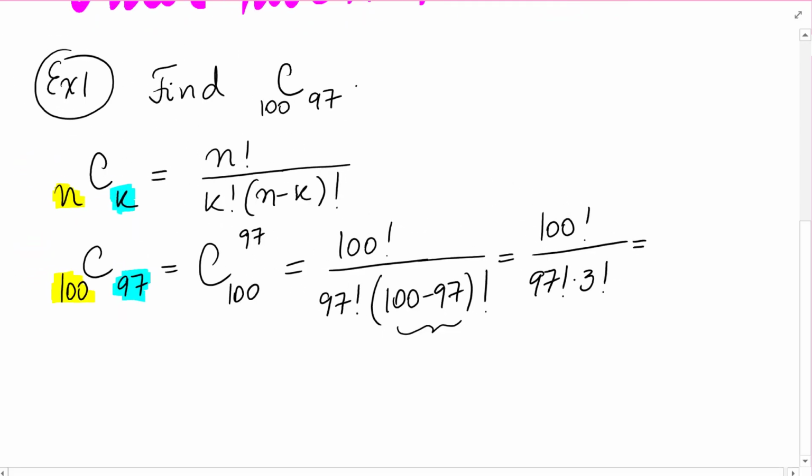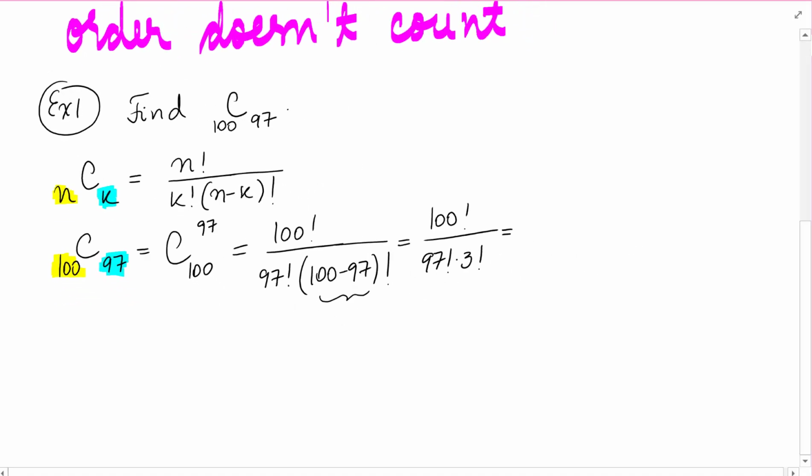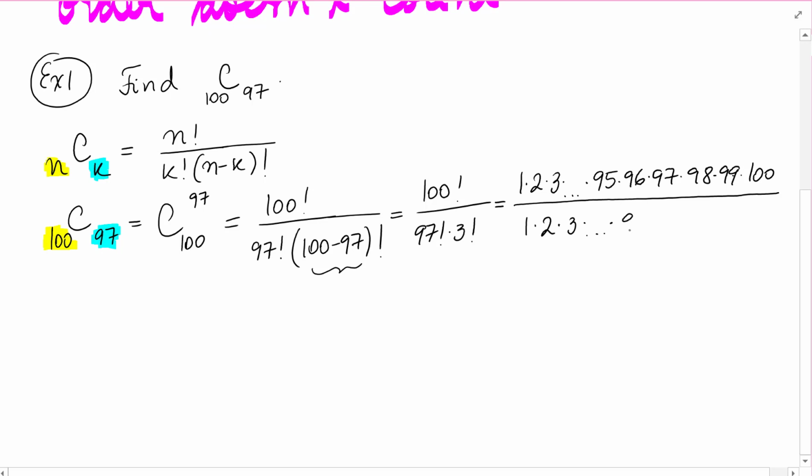We know that 100 factorial means 1 times 2 times 3 all the way to 100. It would take a long time to write everything, so I'll write a few more: 95, 96, 97, 98, 99 times 100. This is what 100 factorial means, the product of all consecutive numbers from 1 to 100. 97 factorial means 1 times 2 times 3 times dot dot dot times 97, and 3 factorial is 1 times 2 times 3.